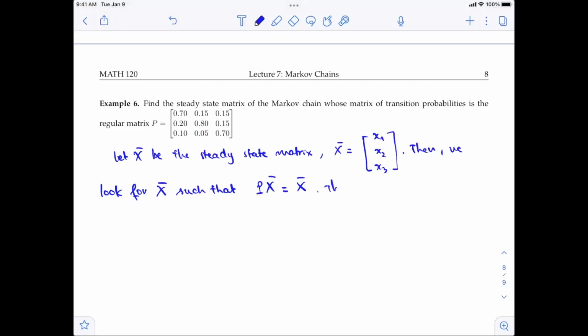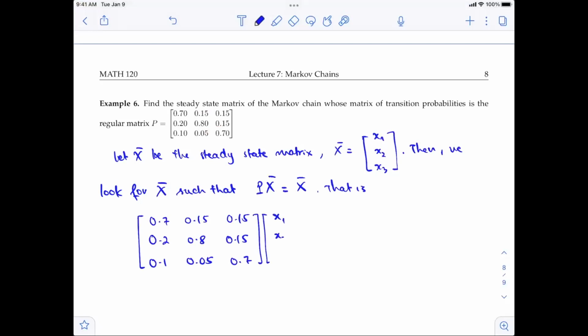So that is when you take the matrix P, 0.7, 0.15, 0.15, 0.2, 0.8, 0.15, 0.1, 0.05, 0.7, and multiply with X1, X2, and X3, and set that equal to X1, X2, X3.